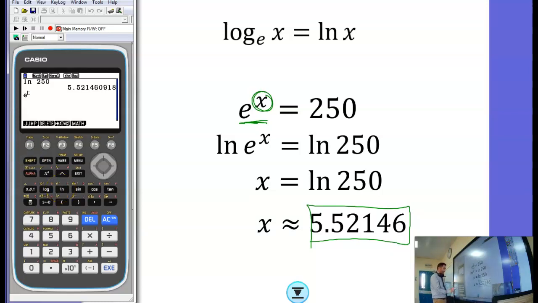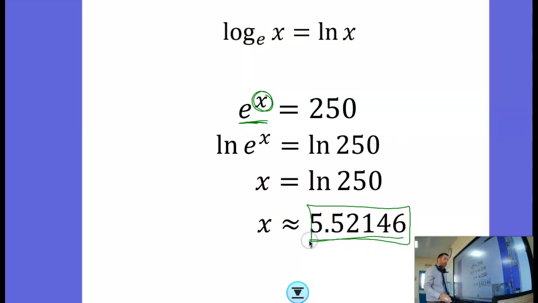Above that we get e to the power of x. So I'll put in 5.52146, and let's see what that comes out as. And you can see I get 249.999. Because this is a rounded value, we get very, very close to 250. So I can be pretty comfortable with that answer.